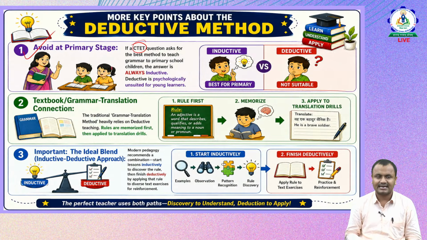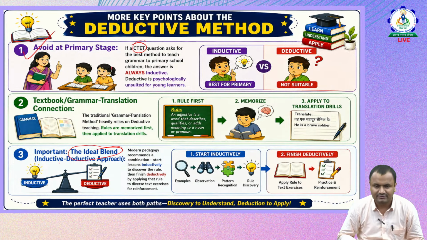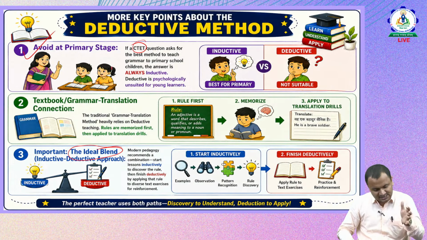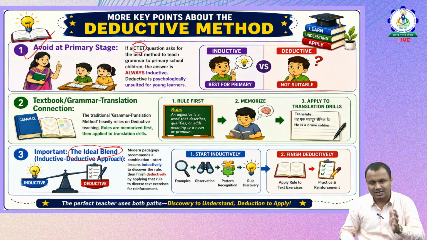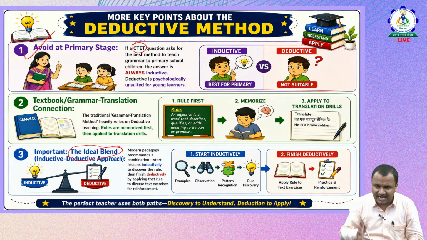If options are like that, then we'll go with the blend of inductive and deductive, wherein the path that we have to follow is to start the lesson, start the concept with the inductive method, but end the lesson, conclude and summarize the lesson in the deductive way.